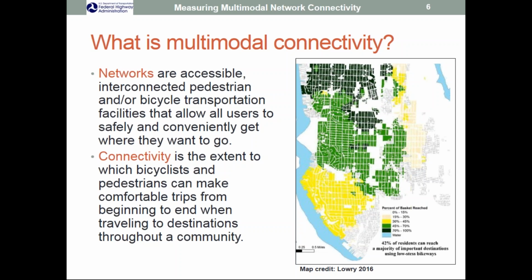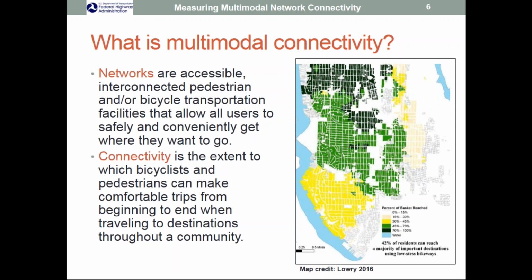So let's take a few minutes to get a couple of definitions of terms down for the purpose of what we're talking through. So what is multimodal connectivity? We, of course, had to work on defining it properly and run that through several committees and boards and up and down to make sure it all worked. But we were pretty comfortable with talking about networks as being accessible, interconnected, pedestrian and bicycle transportation facilities that allow all users, so all ages, all abilities, to safely and conveniently get where they want to go.